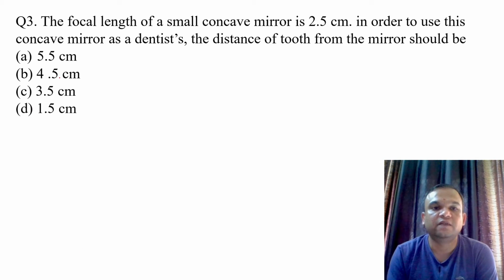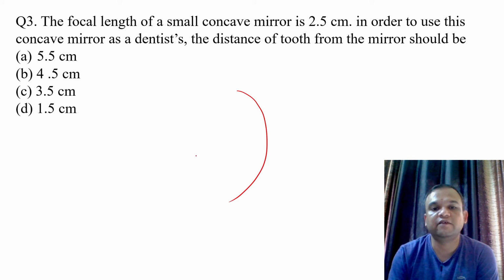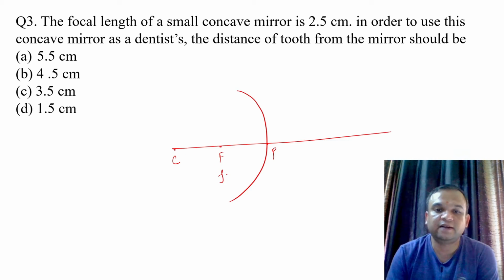Next question says, the focal length of a small concave mirror is 2.5 centimeter. In order to use this concave mirror as a dentist's mirror, the distance of the tooth from the mirror should be. Students, we know that this is a concave mirror, and in the question it is said that focal length is 2.5 centimeter.